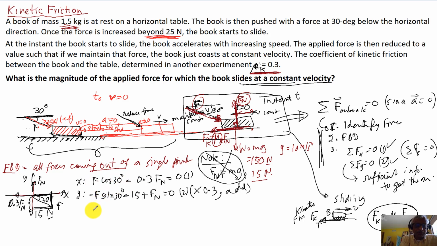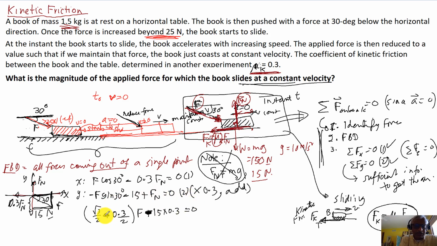So F times square root 3 over 2, plus 0.3 over 2 times F, and then this will kill this, and this will be minus 15 times 0.3, plus 15 times 0.3. I'm adding, so equal to 0.